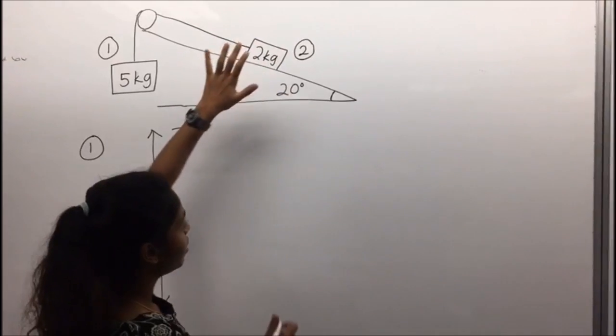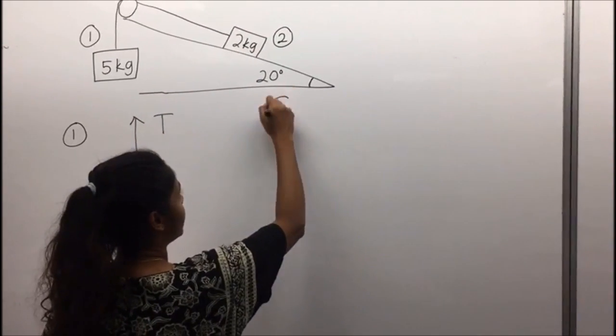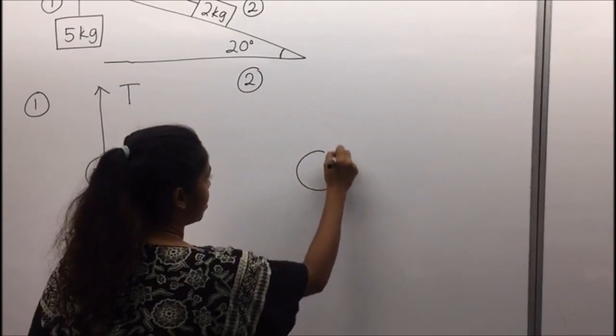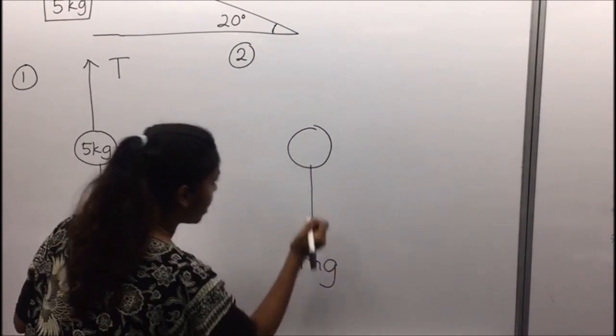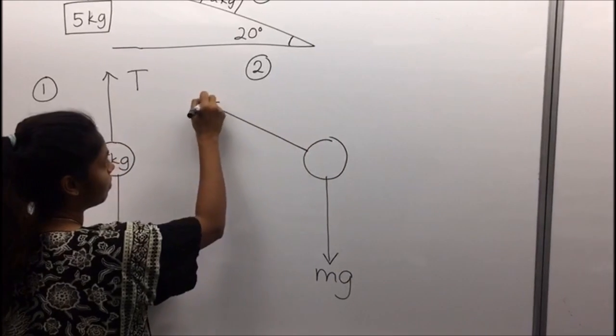For the second one, we are going to draw the free body diagram, which has gravity, mg, and also the tension.